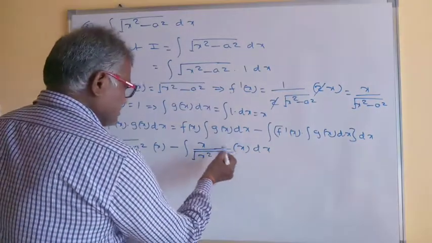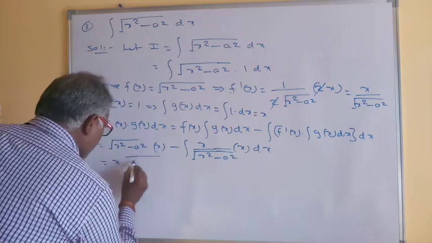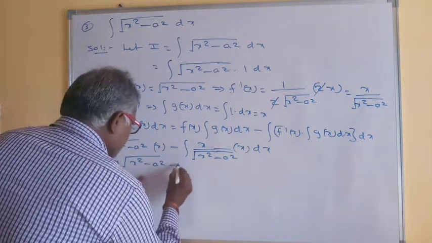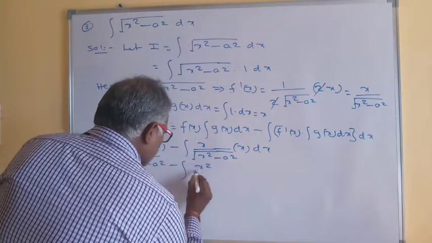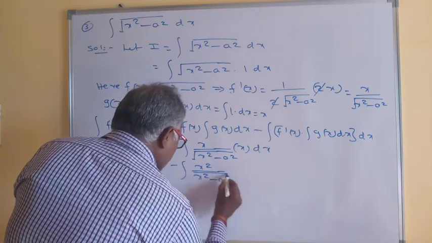Now multiply these two: x into x square by square root of x square minus a square.